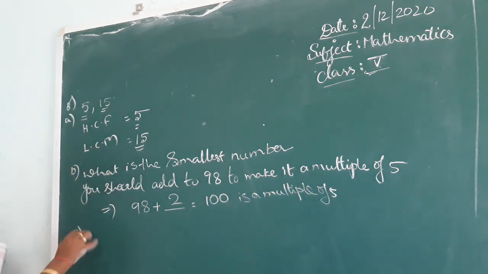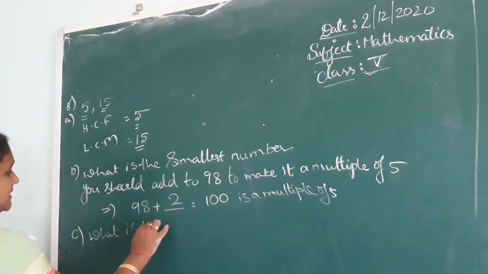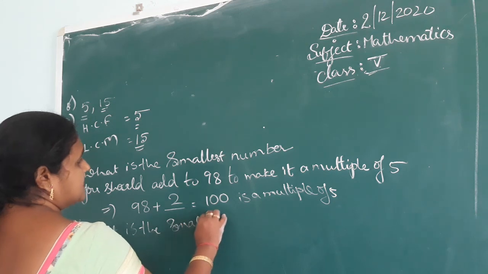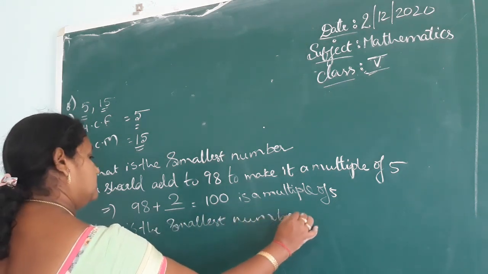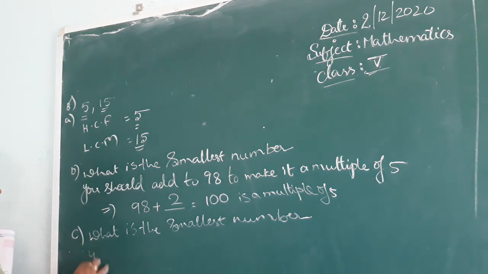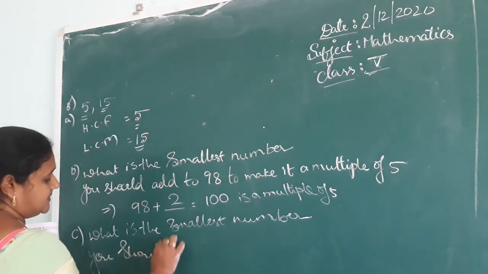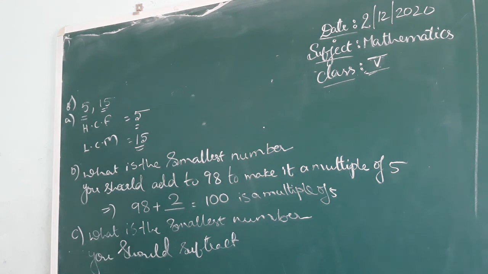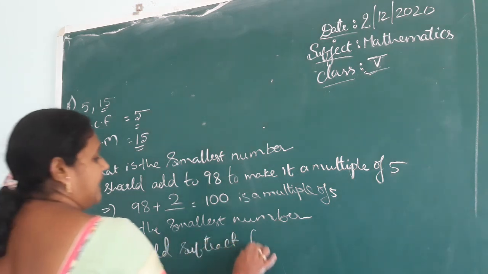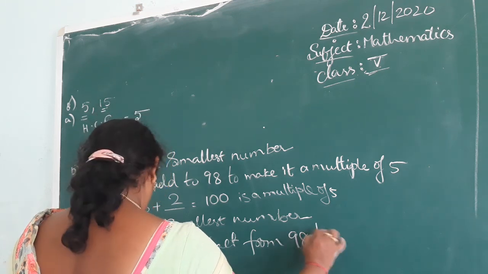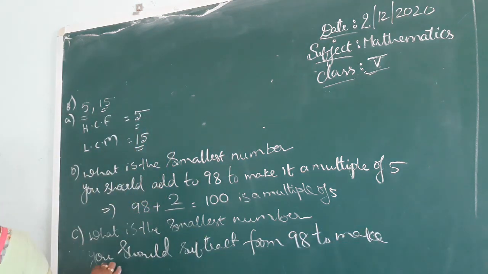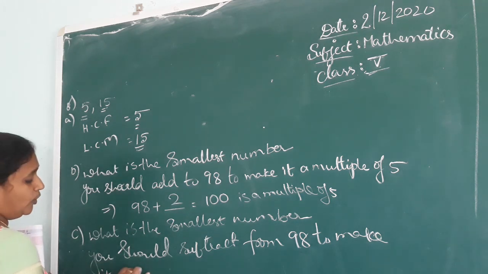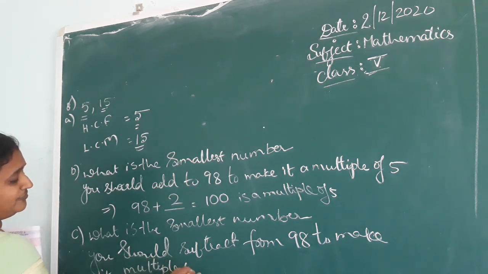Next, like that, what is the smallest number you should subtract from 98 to make it a multiple of 5?